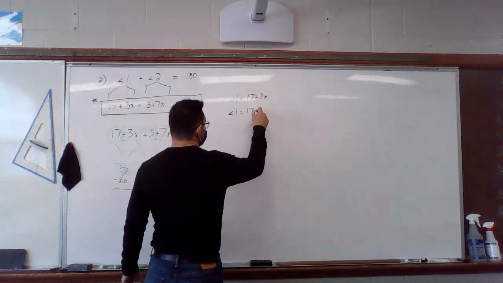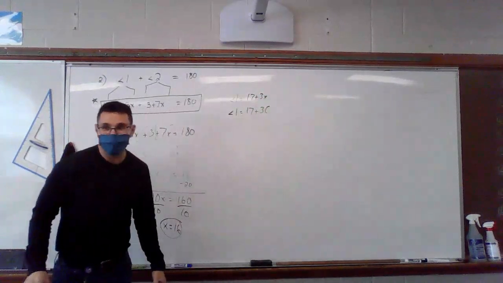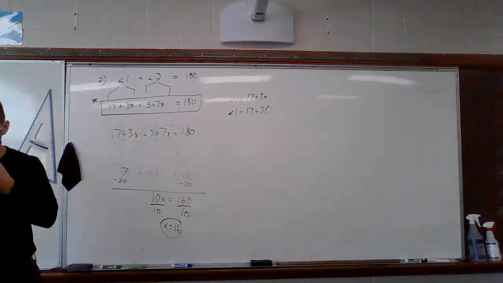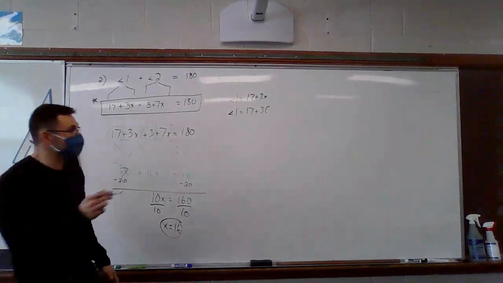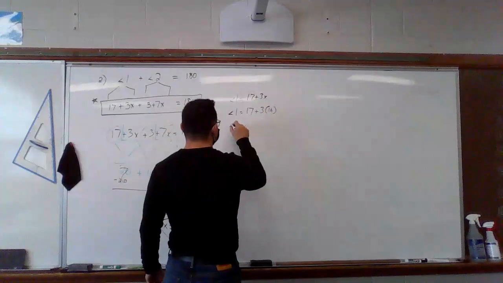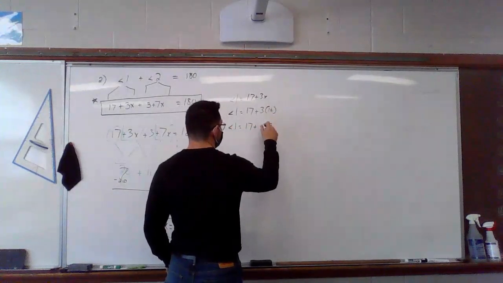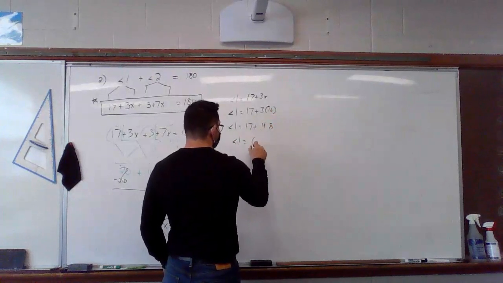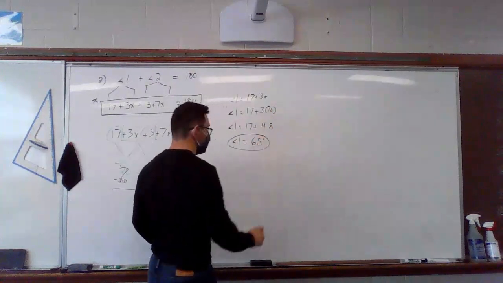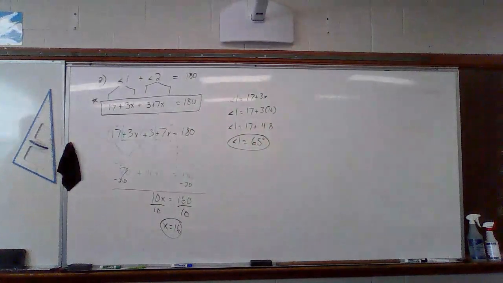So angle 1 is 17 plus 3. What do we have for x? What did we just find? 16. So now I've got angle 1 equals 17 plus 3 times 16, which is 48 plus 17, so angle 1 equals 65 degrees. I found one angle. You have to go back and substitute in.